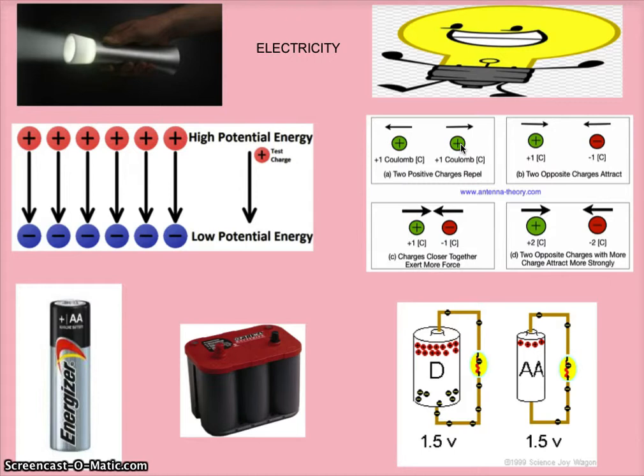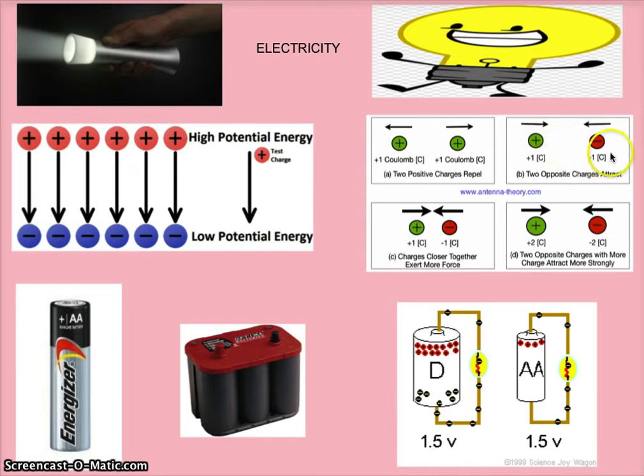You can get a negative charge to move away from another negative charge, or a positive charge to move away from another positive charge. And you can also get a negative charge to move closer to a positive charge. So, kind of in a nutshell, how electricity moves is you can get lots of negatively charged ions to move if they have lots of positively charged ions that they're going to.